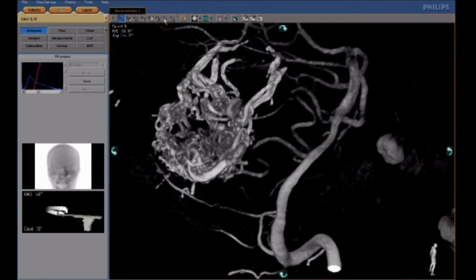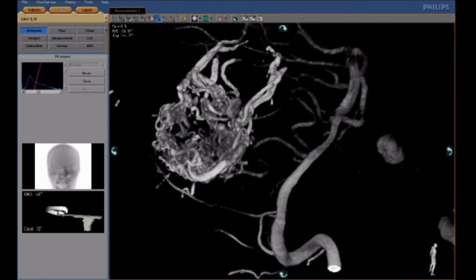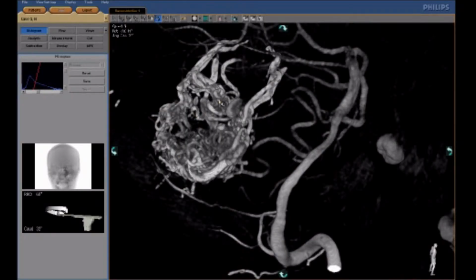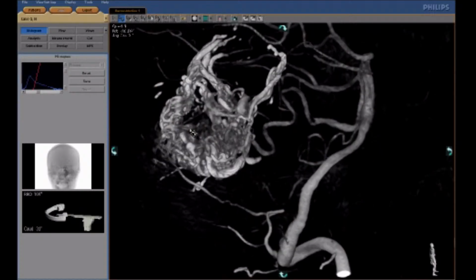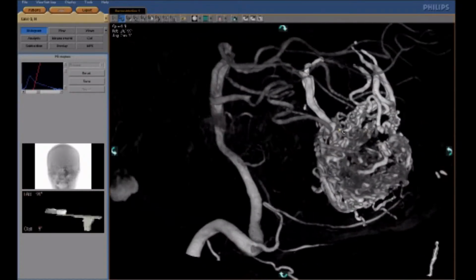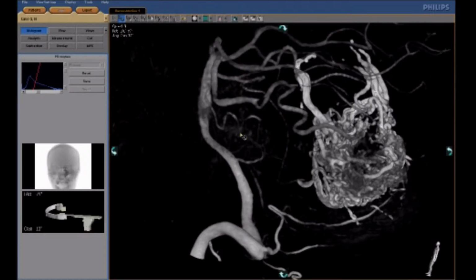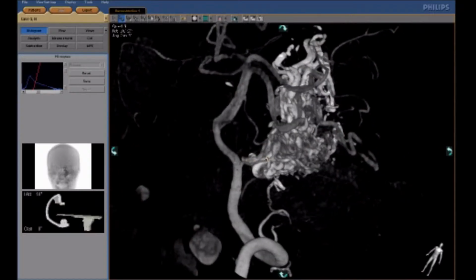No, brain AVM, yes, brain AVM. I'm so sorry. It's supplying the AVM. And the second, the main branch, is coming from the superior cerebellar artery on the left side.